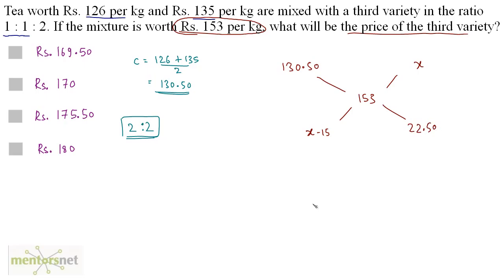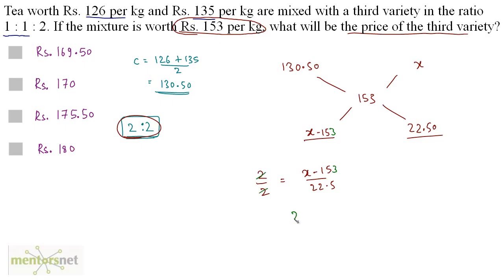Okay. So now we have the ratio 2:2, that's 2 by 2 is equal to (X minus 153) by 22.5. Sorry, I said 15 earlier; this should be 153. So (X minus 153) by 22.5 is the ratio. Now we have to solve this. This is actually 1.